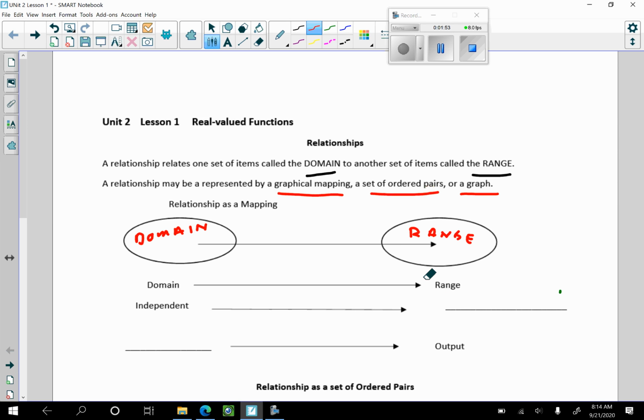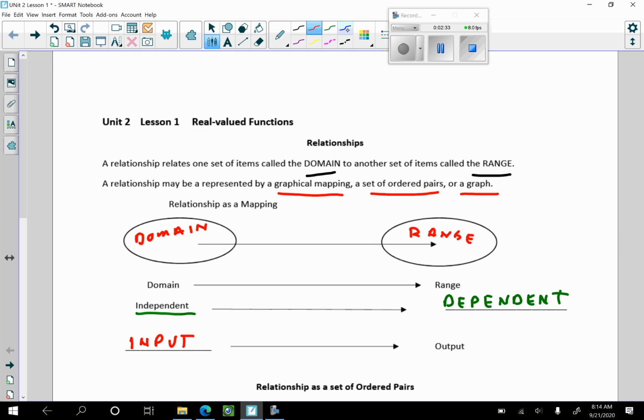Another word that we can use for the domain is the independent. You can also call the domain the independent, and the independents map to the dependent. So the dependent coordinates are dependent on the independent coordinates. You can also call the domain the inputs, and the inputs map to the outputs.